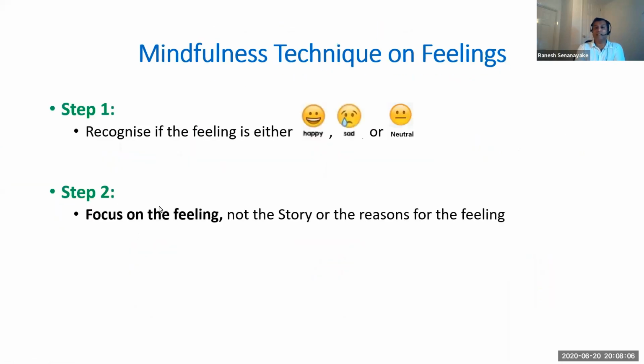In this technique, there are three steps. The first step is when you feel a feeling, I want you to recognize what category the feeling falls under. These are broad categories. Is it a happy feeling, a sad feeling, or neither, a neutral feeling?